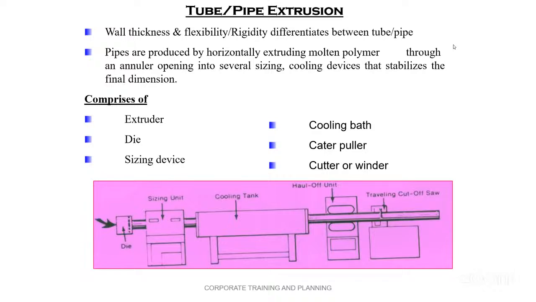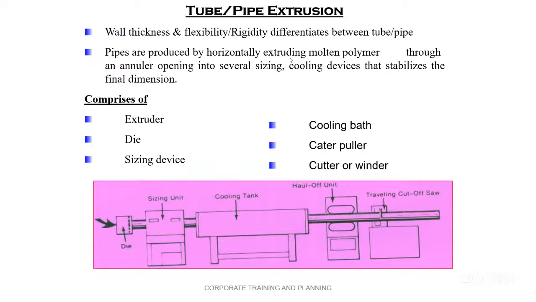That means the material is extruded in molten form horizontally through the annular gap of the die, mandrel, and die body. After that, there are the screen pack, breaker plate, and sizing units. After that, the cooling tank and further inline equipment are there to stabilize the final dimension of the pipe.